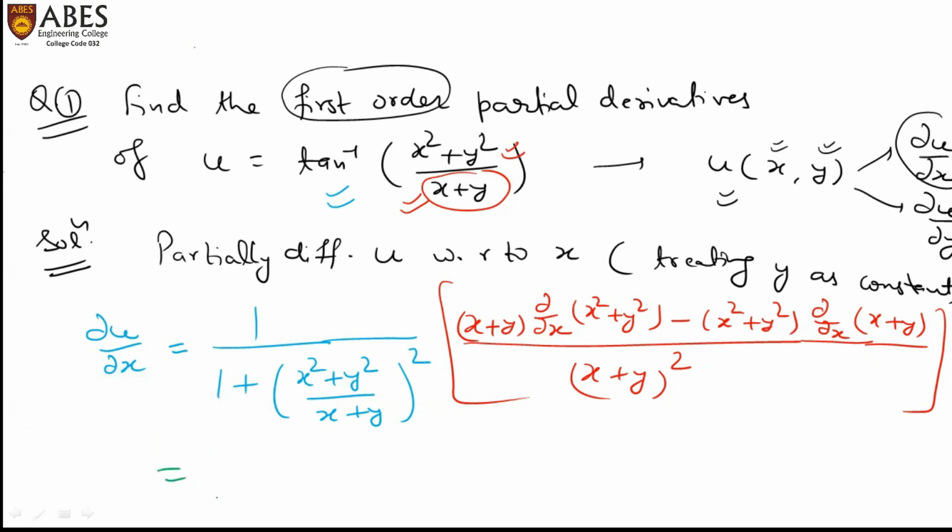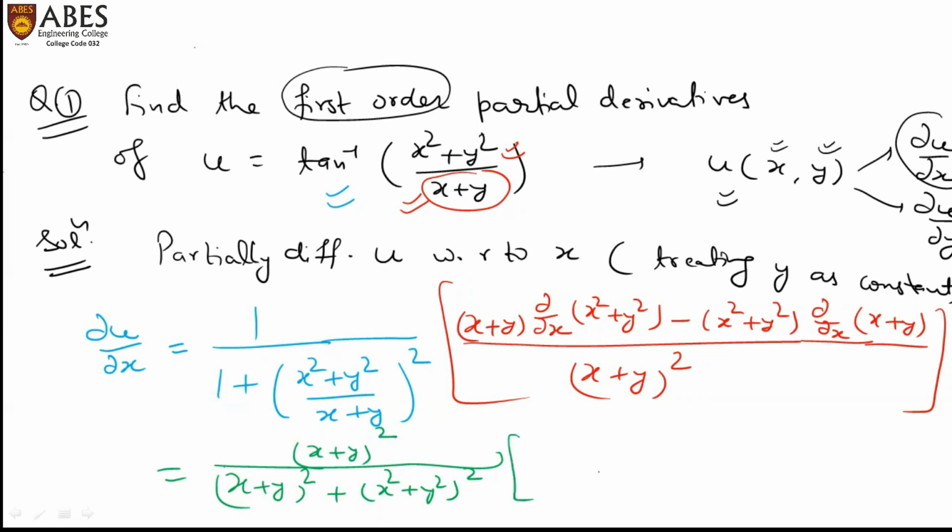So let us take the LCM. After taking the LCM, we will see this is (x plus y) whole square plus (x square plus y square) whole square, and in the numerator it will go (x plus y) whole square, correct?